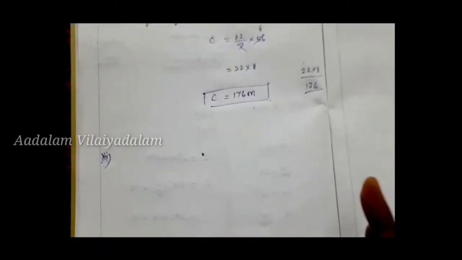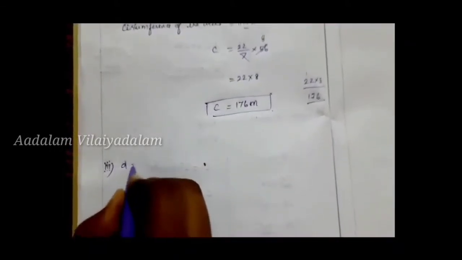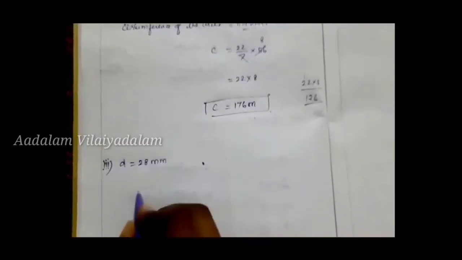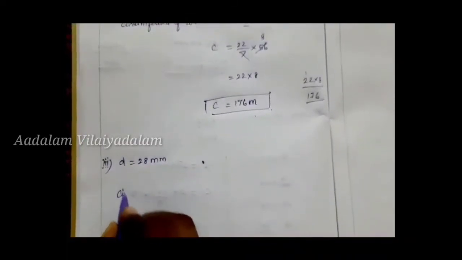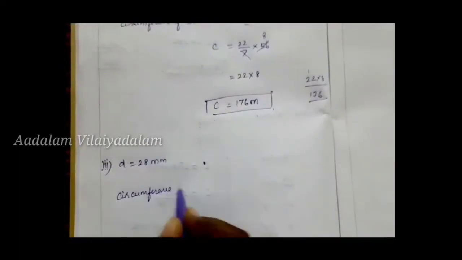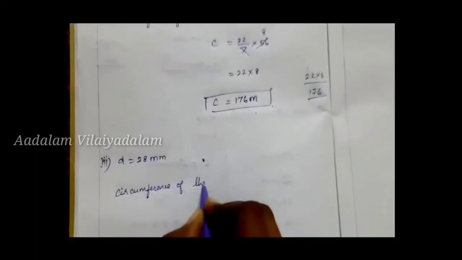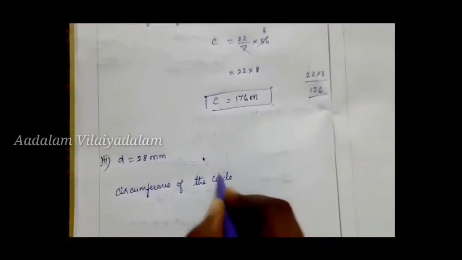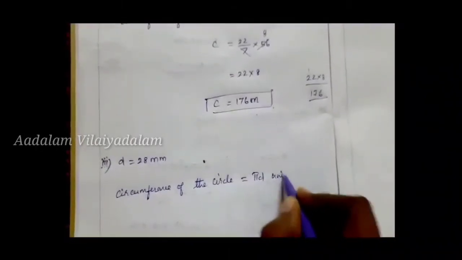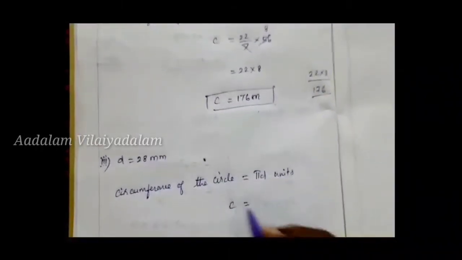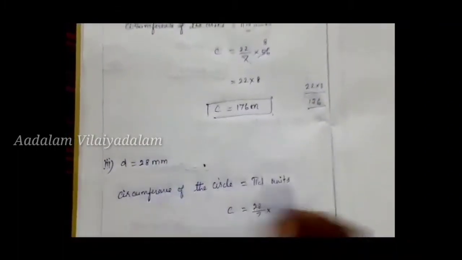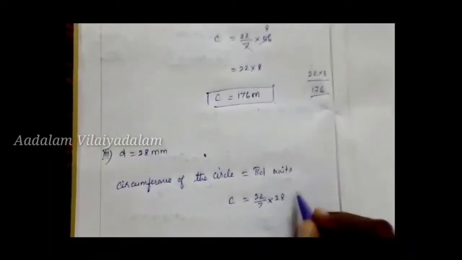Now the third subdivision is d equal to 28 millimeter is given. So here the formula is circumference of the circle equal to pi d units. Then the pi value is 22/7. The d value is 28.